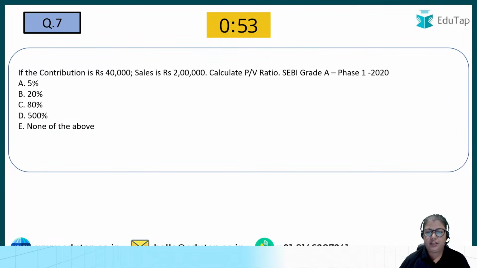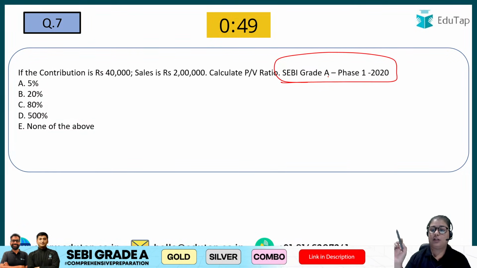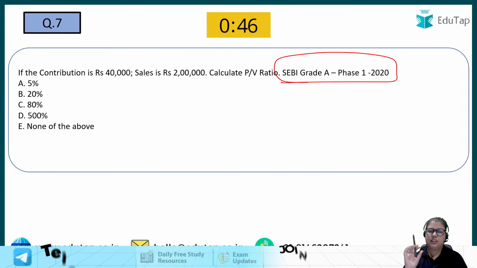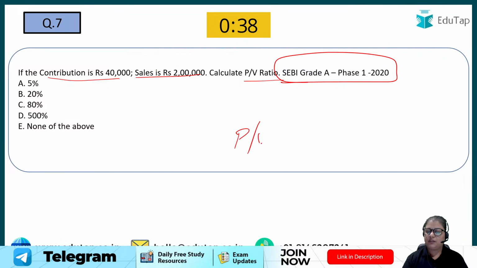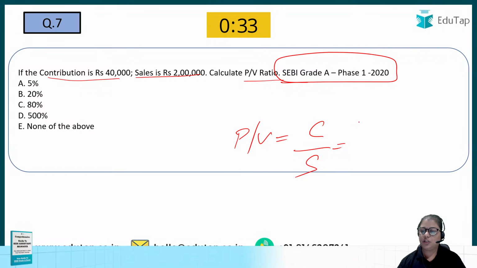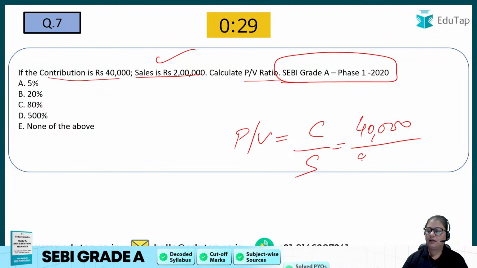Now question 7 is, this question came in SEBI Grade A Phase 1 2020, and it is such an easy question. If the contribution is 40,000 and sales is 2 lakh, calculate the PV ratio. Isn't it very easy? We know what PV ratio is: contribution upon sales. So contribution is 40,000 and sales is 2 lakh.